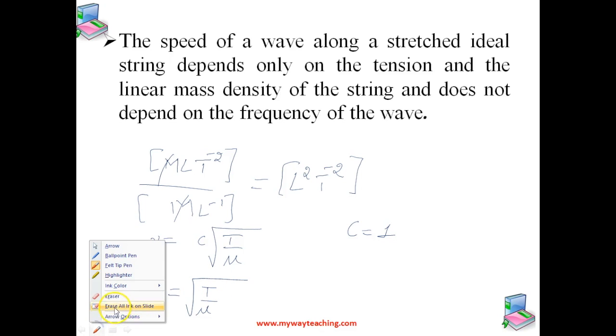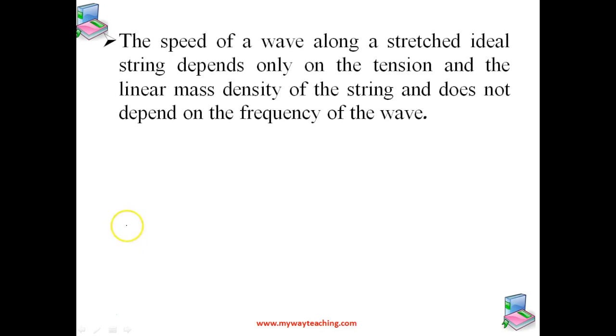And here you should note the important point that the speed v depends only on the properties of the medium, T and mu. It does not depend on wavelength or frequency, isn't it? It does not depend on wavelength, or even on the frequency of the wave itself. So of the two parameters, wavelength and frequency, the source of disturbance determines the frequency of the wave generated.